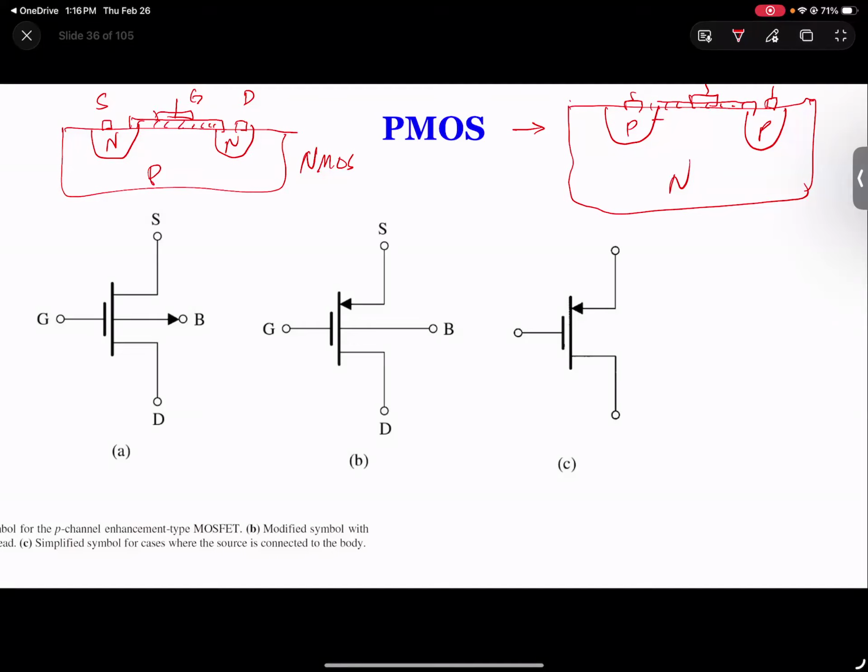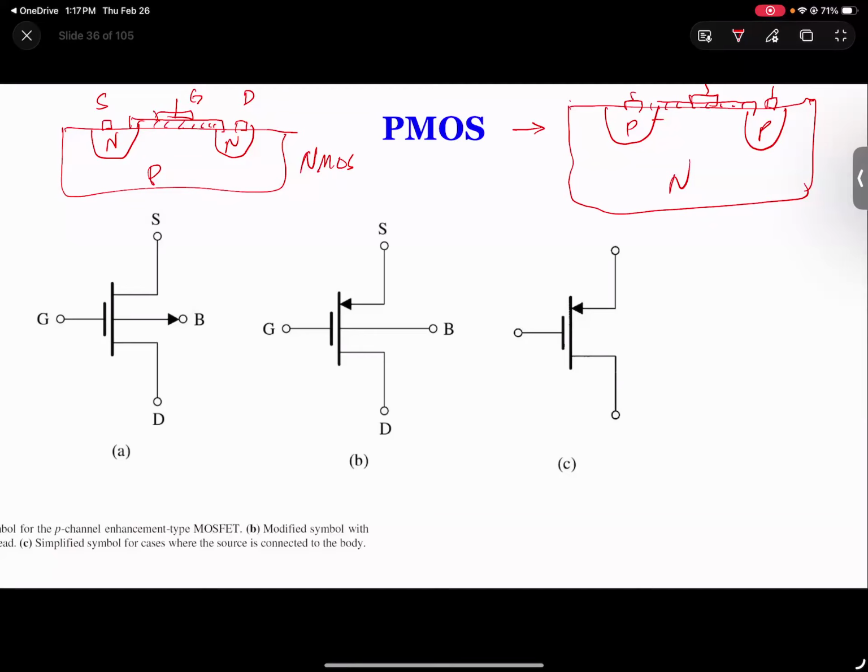The symbol is similar to NMOS, and you have three different versions. This one here has an arrow pointing in the direction of current. Like one student asked before, the arrow is always on the source side. So you can see the arrow here now, which indicates the top is the source instead of the bottom. For NMOS, the bottom is source and the top is drain, but here we flip it.